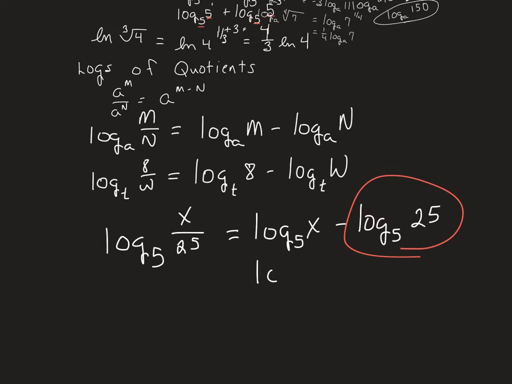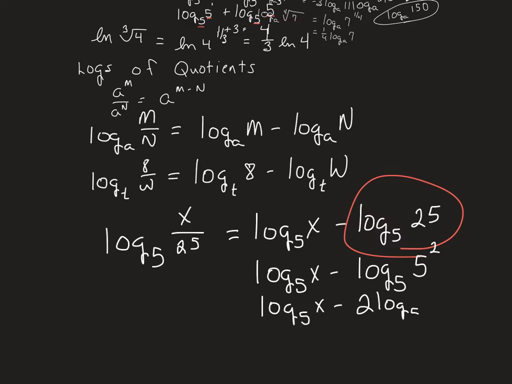This becomes the log base 5 of x, and I can rewrite 25 as 5 squared, and we've seen two different ways that we can simplify. This becomes minus twice the log base 5 of 5, and the log base 5 of 5, of course, is 1, so our solution is the log base 5 of x minus 2.